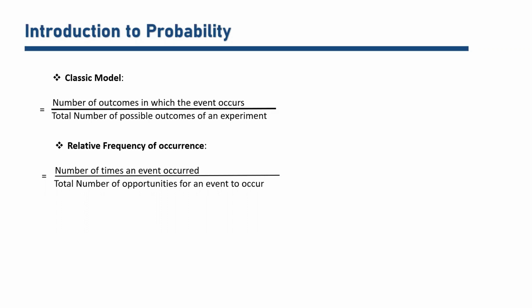But for now, the classic model is when we flip a coin. If I want a head, you know that there is only one head and there is one tail.